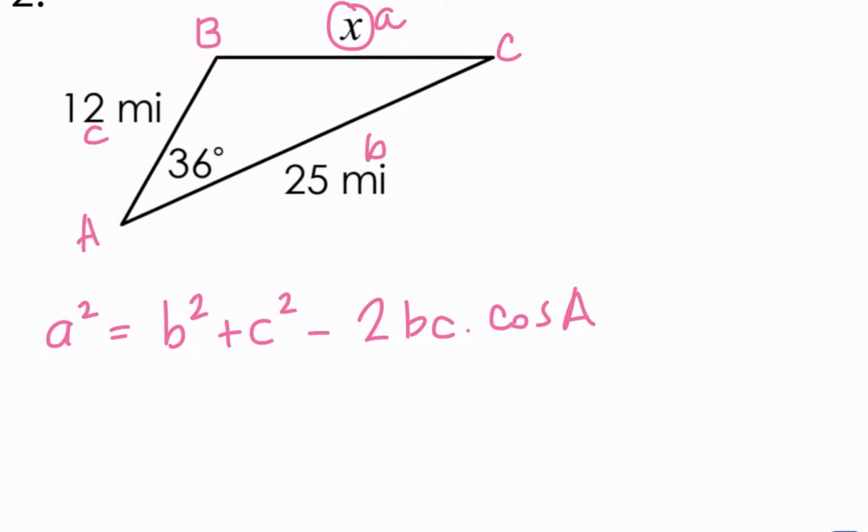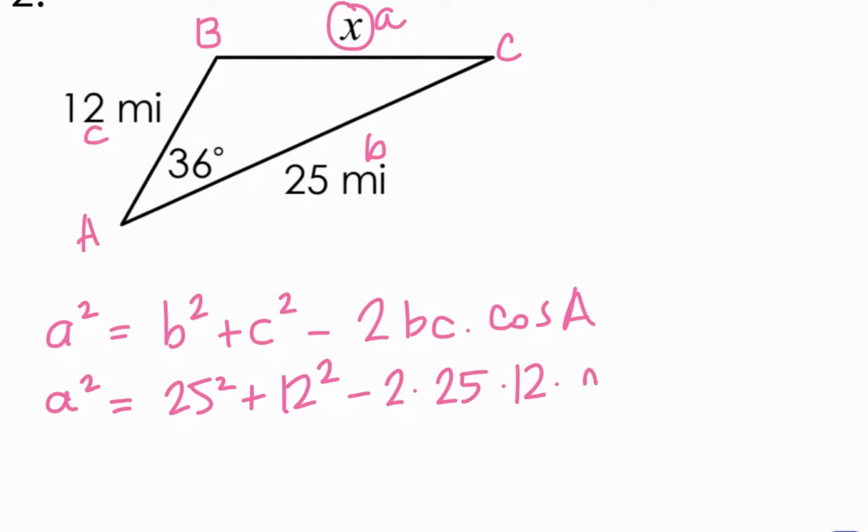Okay, so now let's fill in our numbers. We don't know what a squared is, so we're going to leave that alone. But we know that b is 25, so 25 squared. And we know that c is 12, so 12 squared. And then just keep filling this out as you go along. Cosine of capital A, so of 36. And let's do the same as we did before.